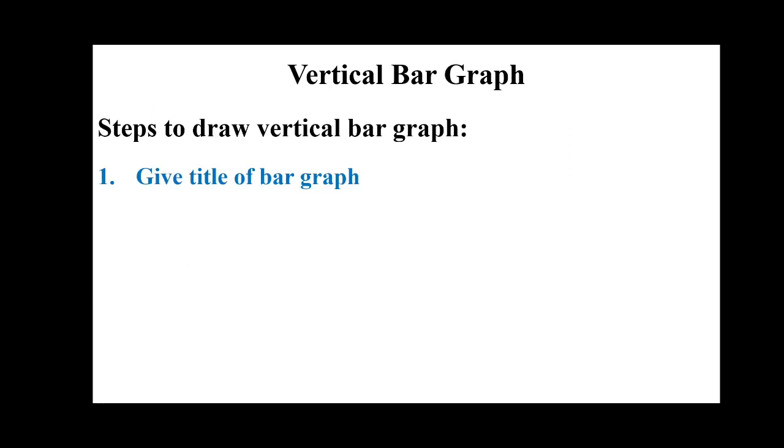To draw the vertical bar graph, we need to follow a few steps. Step 1. Write the title for the vertical bar graph. It tells what is being represented in the graph.